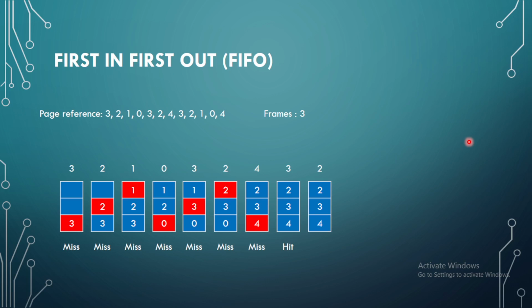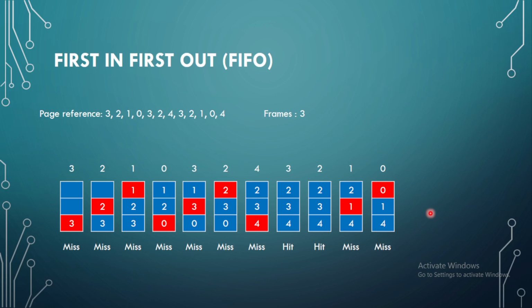And then 1 is not available in the primary memory, so now we have to replace the first page brought into it. Among 2 3 4, 3 is the first page brought into the memory, so we are going to replace 3 with page 1. Since this is a page fault, it is a miss. And then 0 is not available, so we are going to replace 2 with 0, because 2 is the first page brought into the main memory among these. This is a miss.